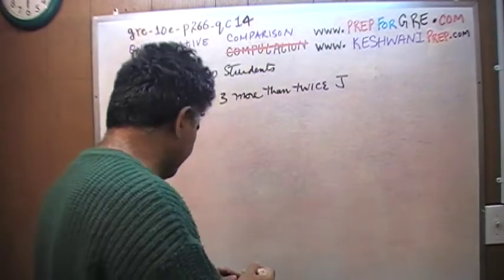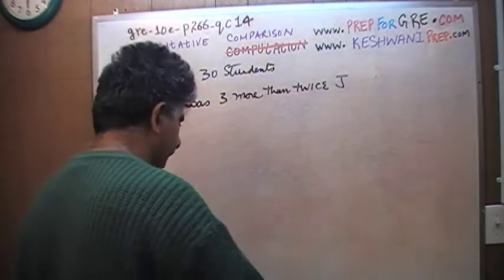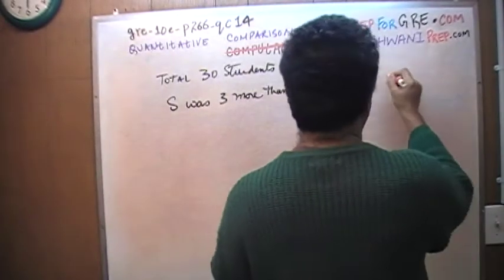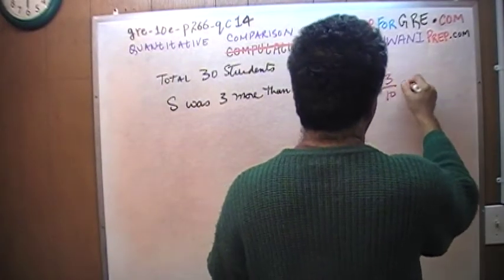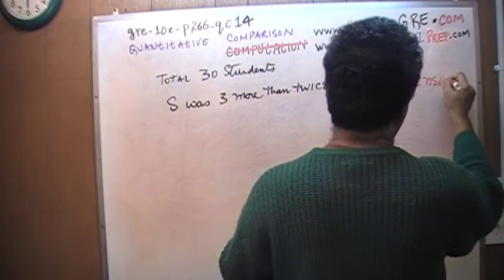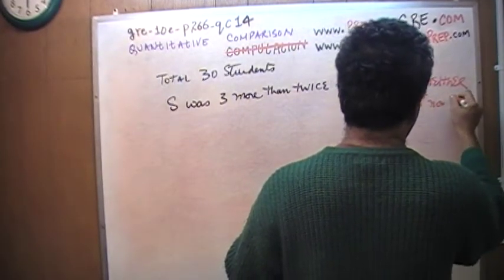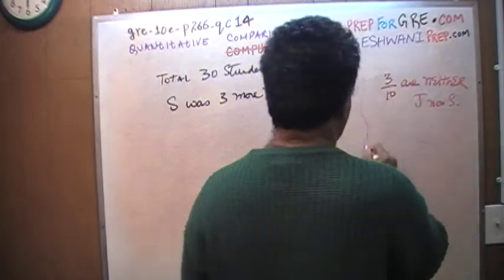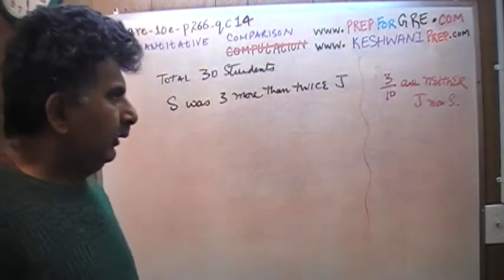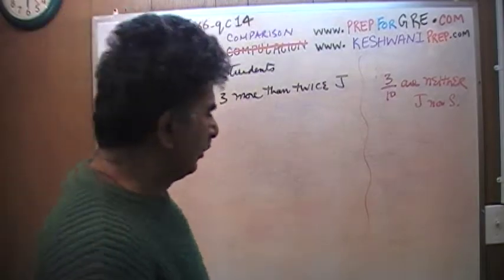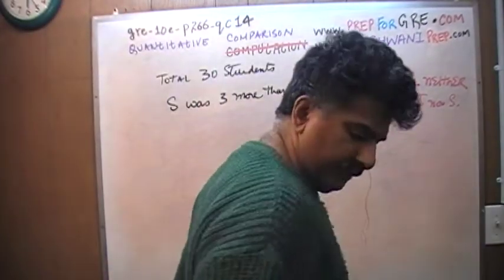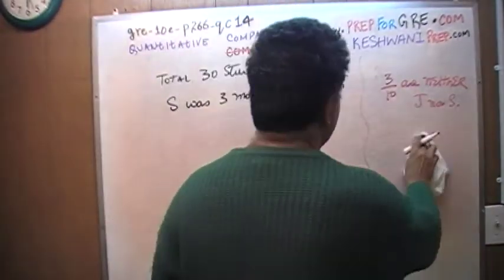I'm going to put that separately. 3/10 are neither junior nor senior. That says nor, N-O-R, neither junior nor senior.